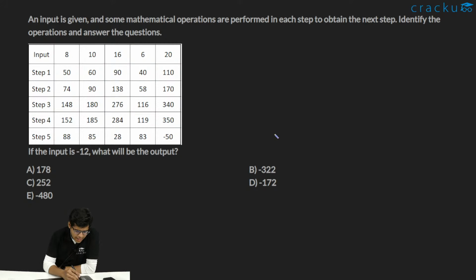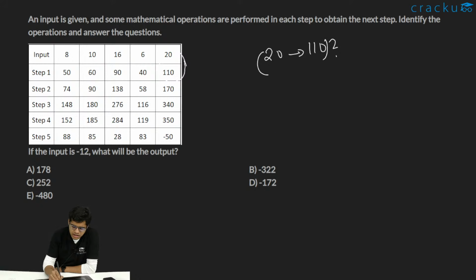For 8 in step 1, the output is 50. For 10, the output in step 1 is 60. For 16, it is 90. For 6, it is 40. For 20, it is 110. Now 20 and 110, how are they related?